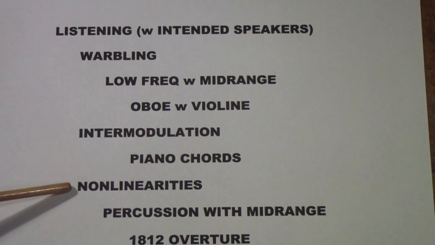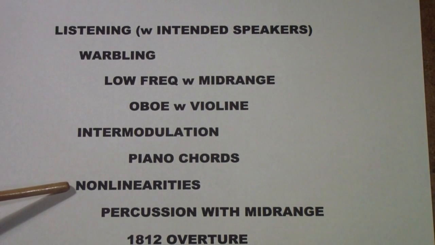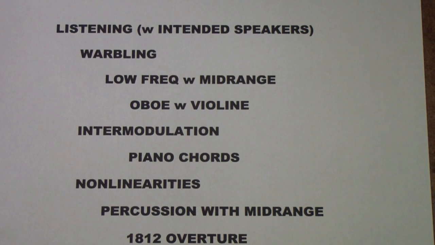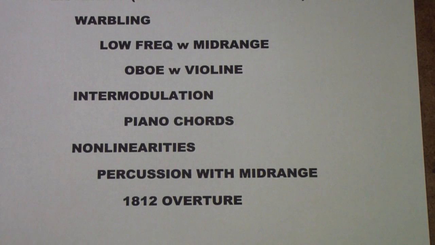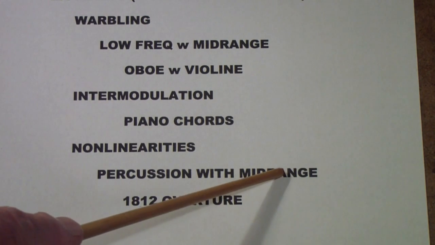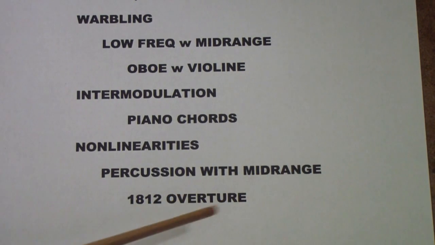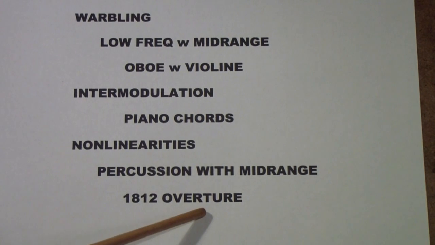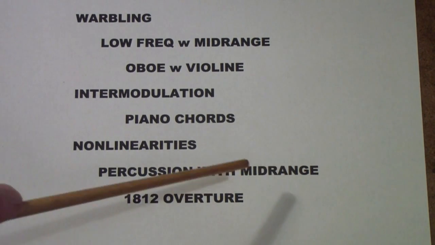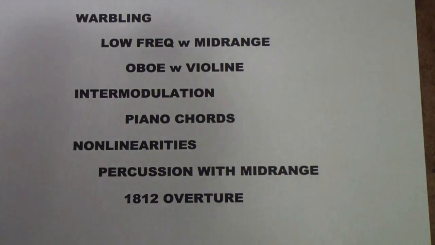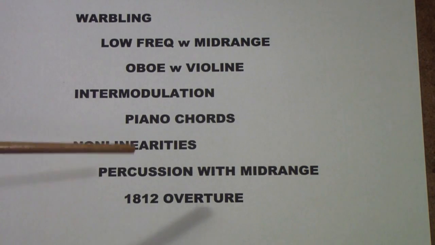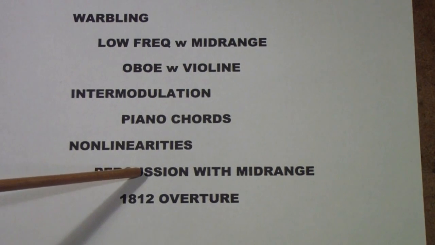The other kind of nonlinearity that often happens in amplifiers is where you have a loud excursion accompanied by mid-range. So, for example, I use here the 1812 Overture. There are passages in the 1812 Overture where the mid-range is of medium volume, and then there are loud percussion sounds.